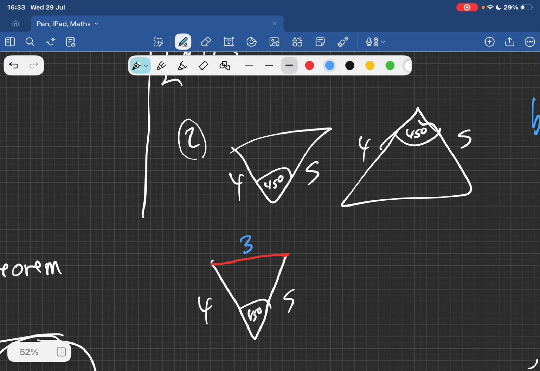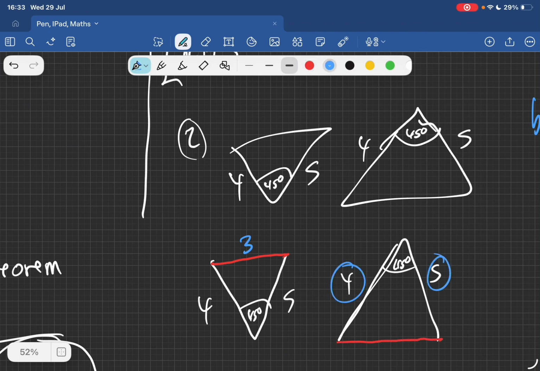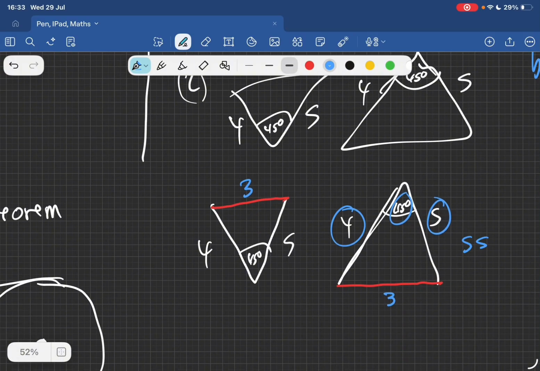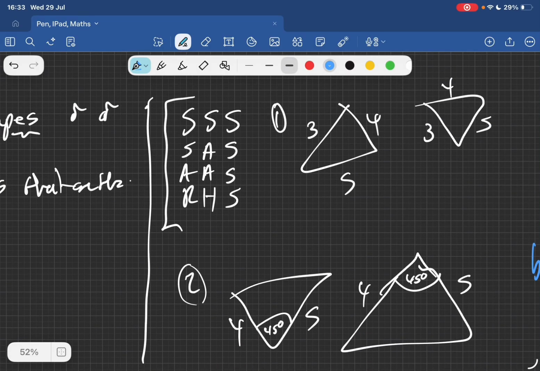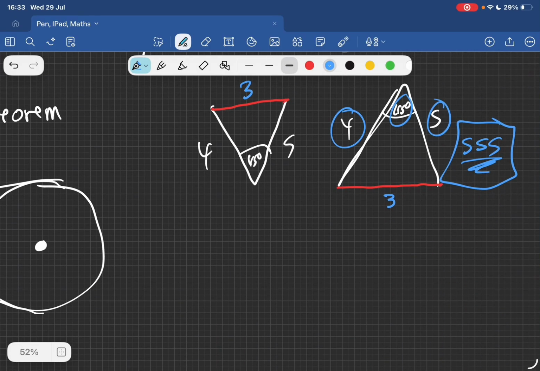Now let's look at our other triangle. For 45 degrees, yet again, there's only one way we can complete the bottom of this triangle, which due to the same length and angle is also forced to be 3. So this is just side, side, side again, and we know that if they share 3 sides, then they're the same shape.